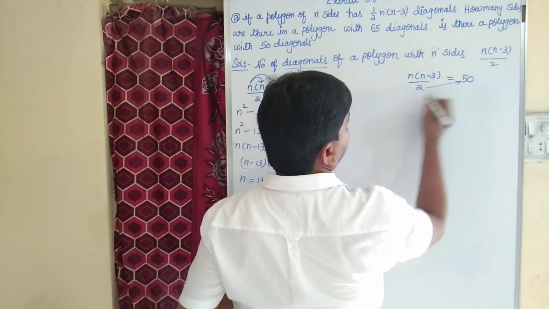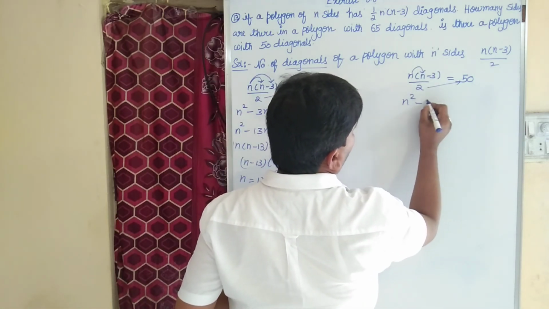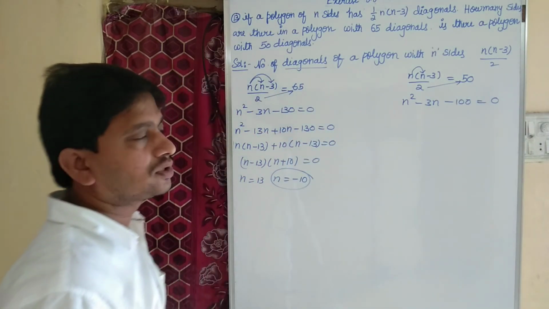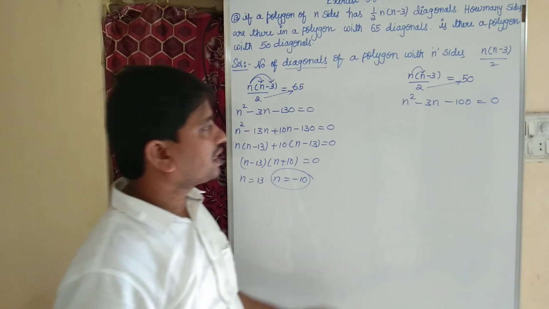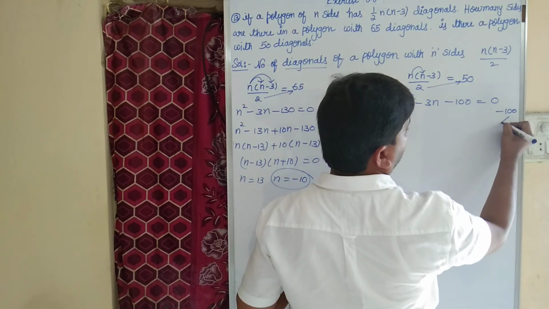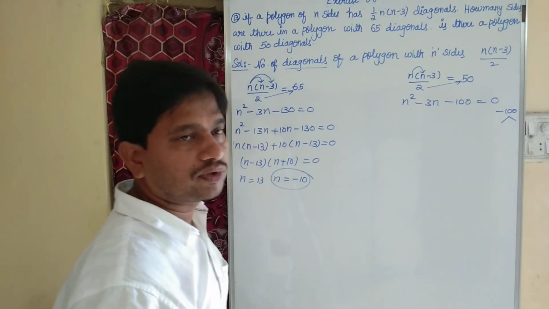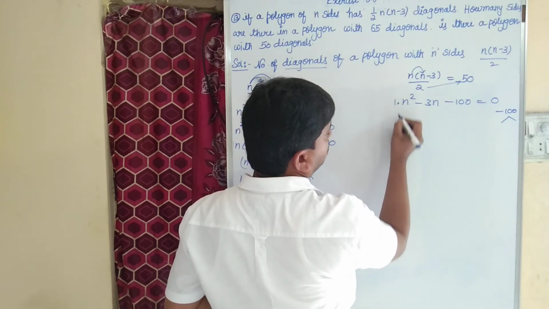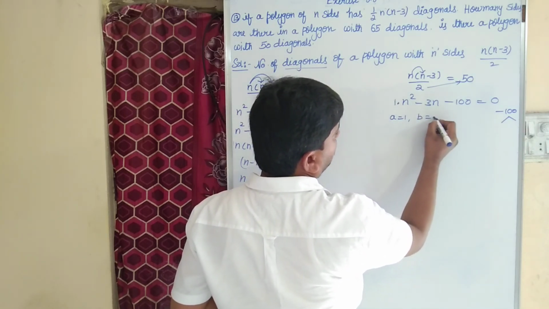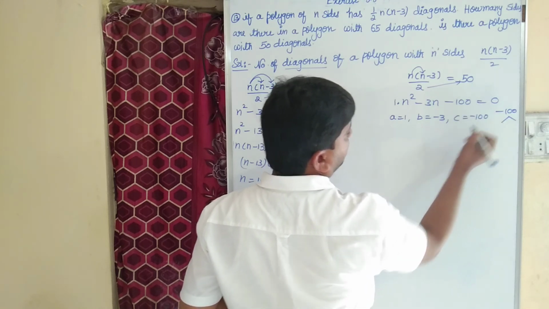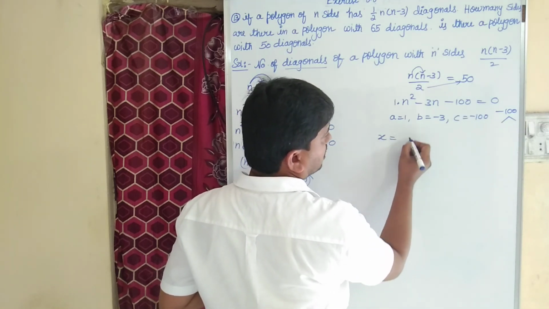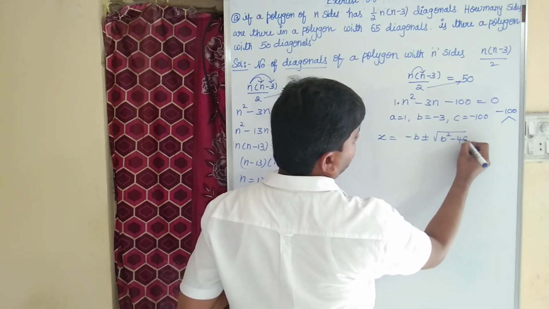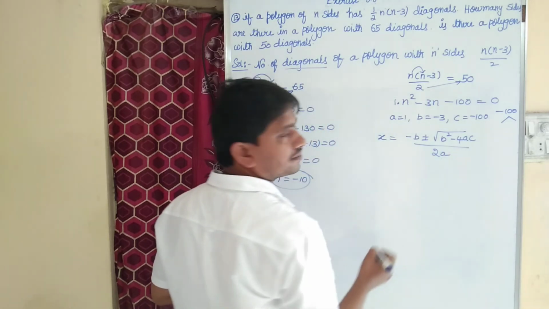Okay? Cross multiplication. n into n, n square, minus 3 into n, 3n, equals 50 into 2 is 100. If you transpose this side, it will become minus 100. So we cannot find, because here the constant is minus 100, we don't have any factors. Right? So if you want to find using the quadratic formula, the value of a is 1, b value is minus 3, c value is minus 100. So the formula is x equal to minus b plus or minus root over b square minus 4ac by 2a.